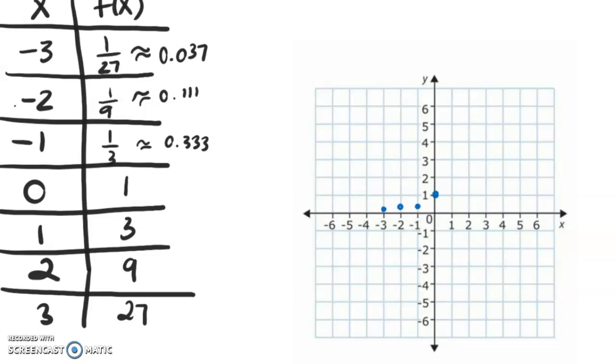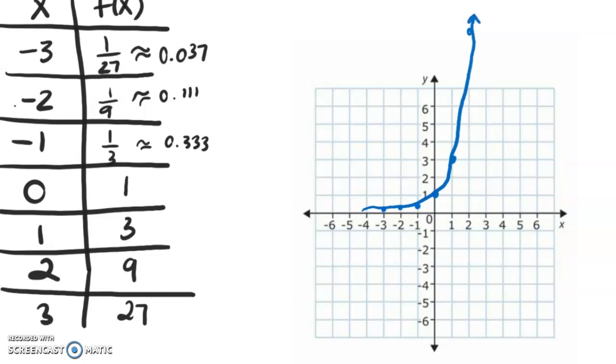And I've got 0, 1. And we've got 1, 3, 2, 9, somewhere up here. And I'm not going to be able to plot 3, 27, but we get the look of what this looks like.